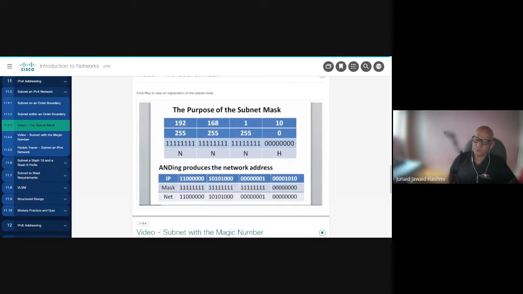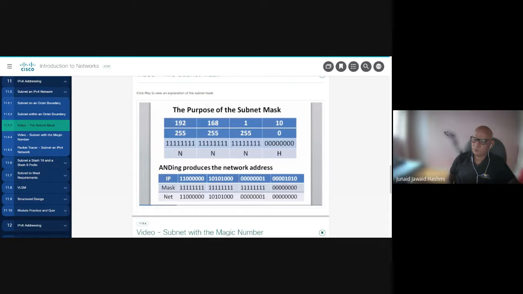Now, I want to take a moment to point out that subnetting makes sense from the binary perspective. In other words, when we take the IP address and the subnet mask and convert them to binary, I have the IP address on this row here, I have the subnet mask on this row, converted to binary, so that the computer and the router are able to logically AND the IP address and the subnet mask and find the network address.